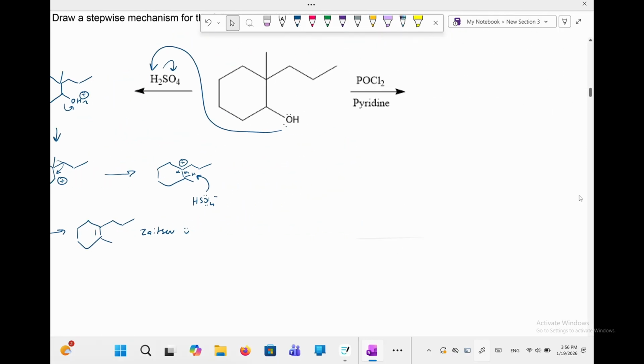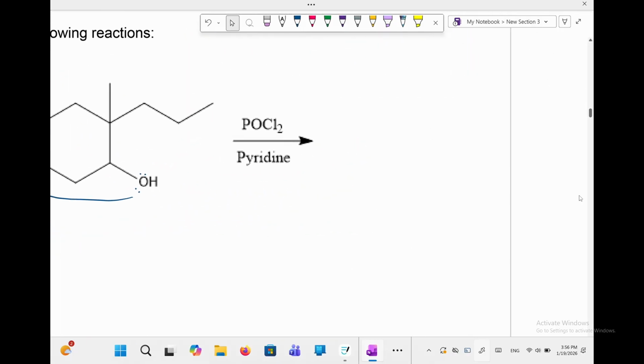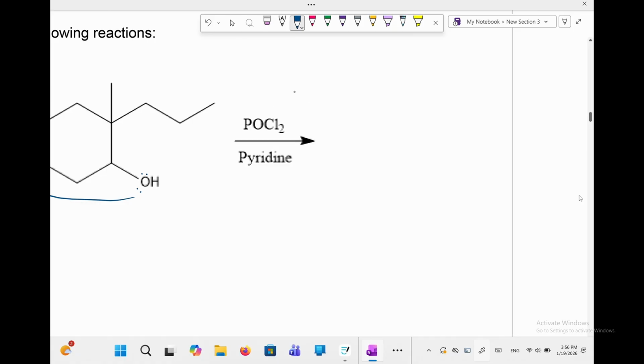Cool. On the other hand, if we have POCl3, here's the one thing that I think about when I see POCl3.